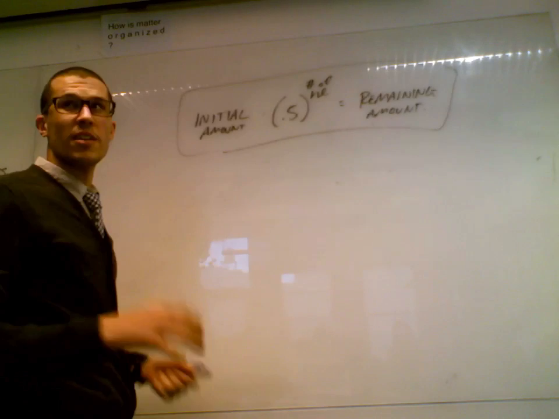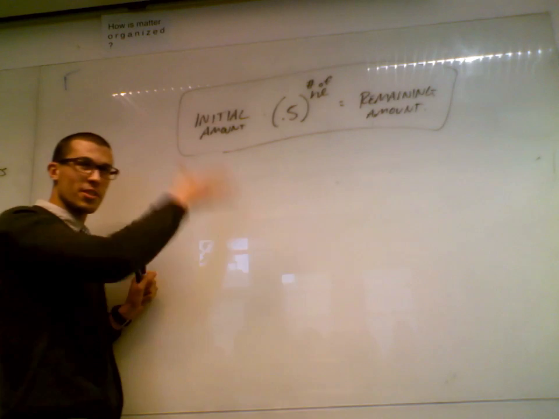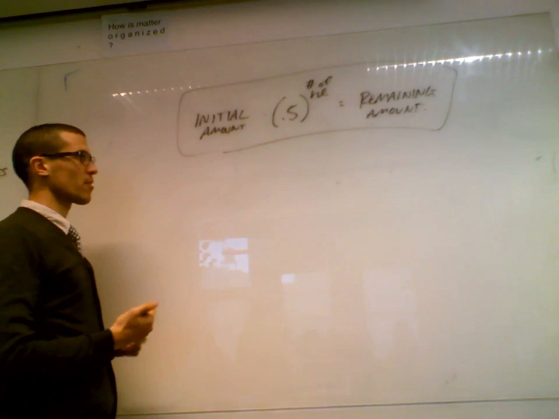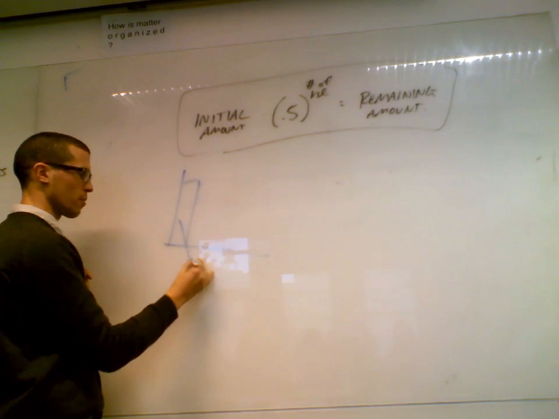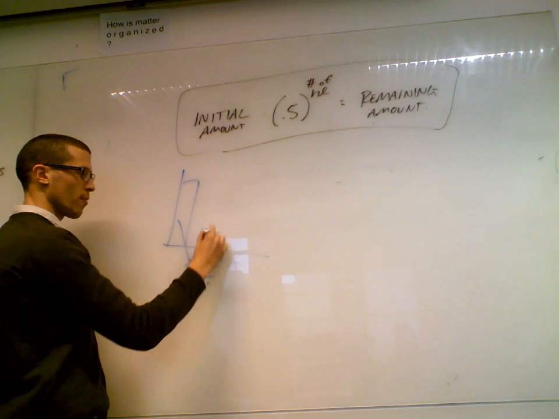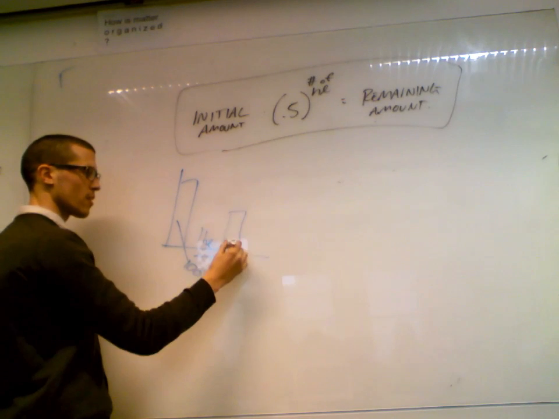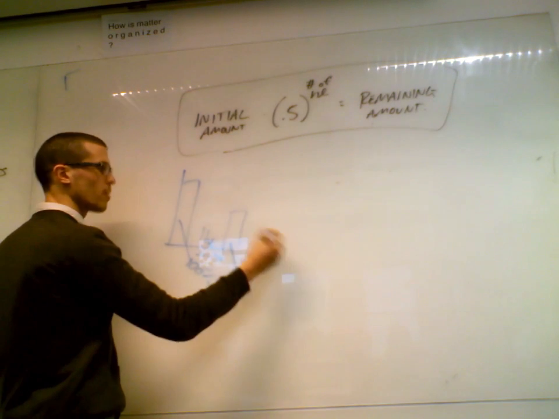It comes from the basic idea that every time you pass a half-life, half of the stuff is taken away, or decays. So you start off with the initial amount of stuff, that's 100%. It's radioactive. Then you go through one half-life, and how much is left? 50%. Then you go through another half-life.